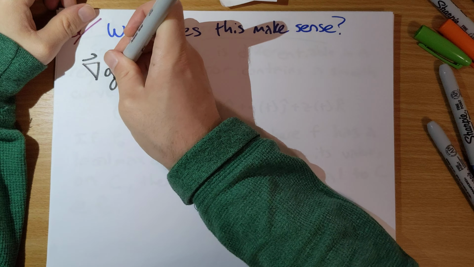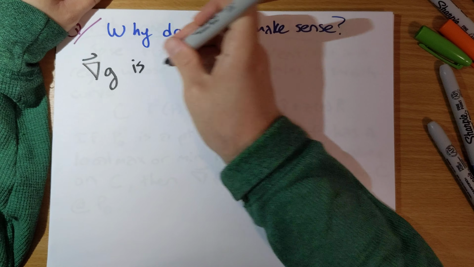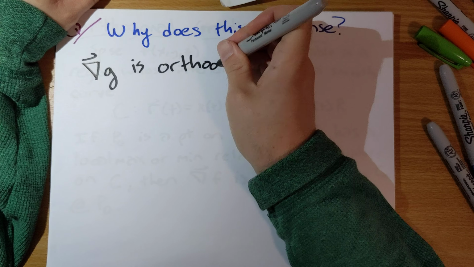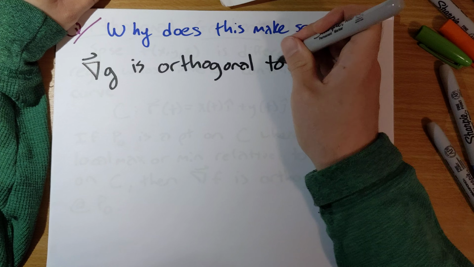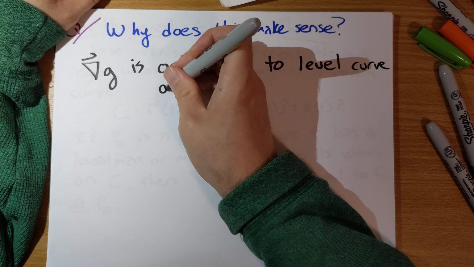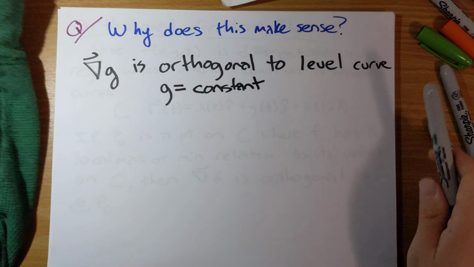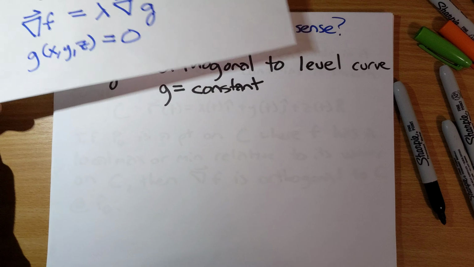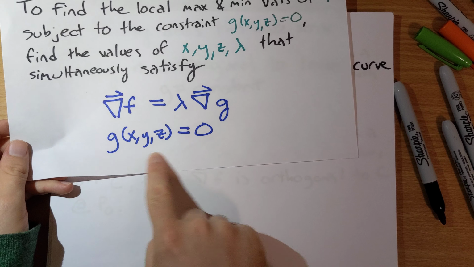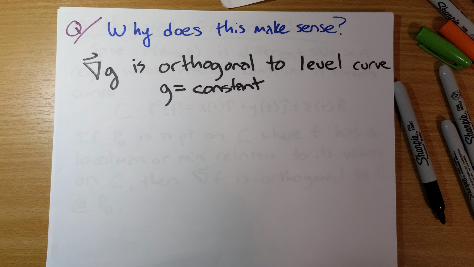The first fact that I want to write down is that the gradient of g is orthogonal to the level curve g is equal to a constant. For example, g of x, y, z is equal to 0. That's g is equal to a constant.